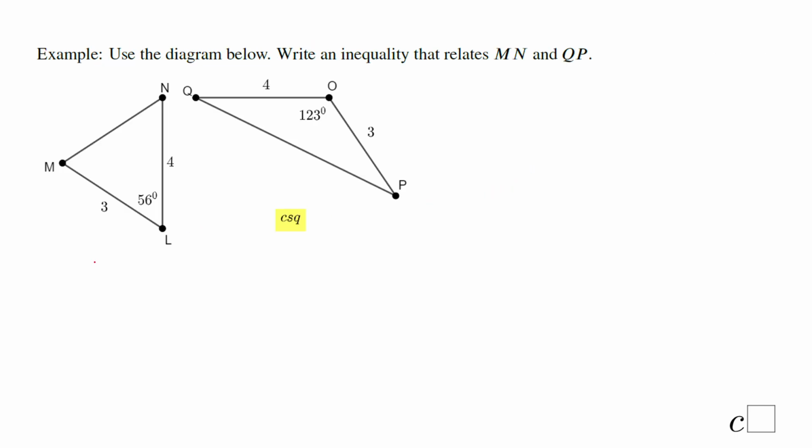If you notice here, we have this side and this side are the same. They are congruent. They have the same measure. ML equals OP. NL is also congruent to OQ because they have the same measure.